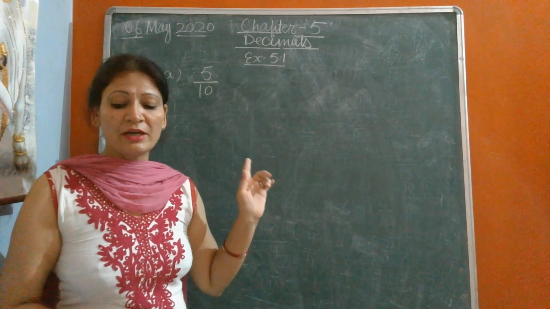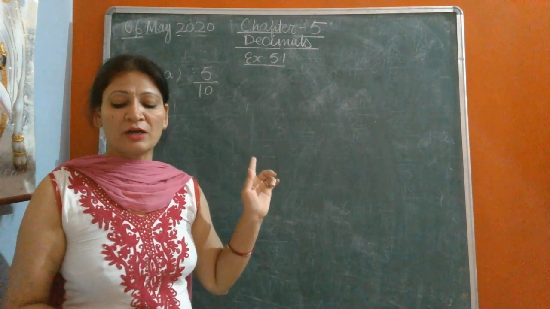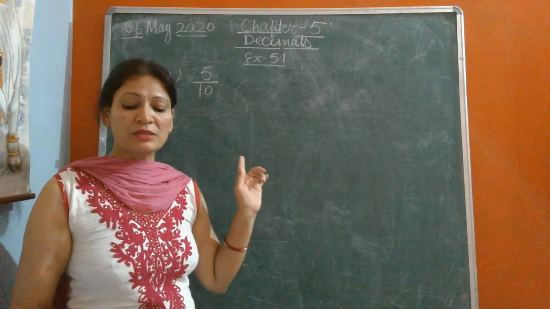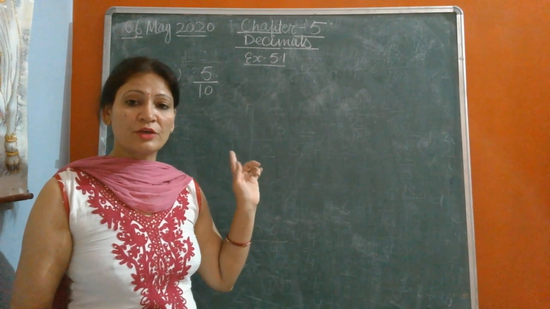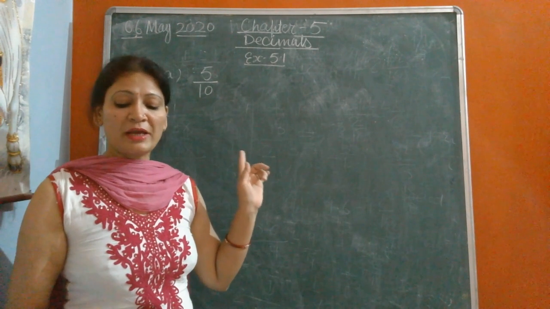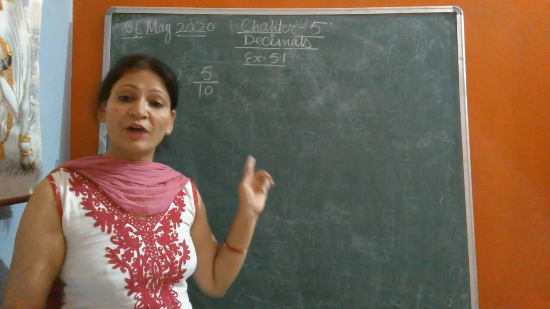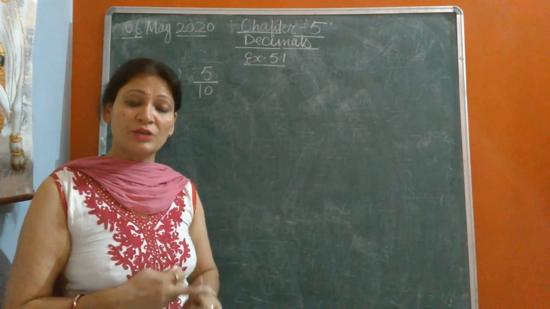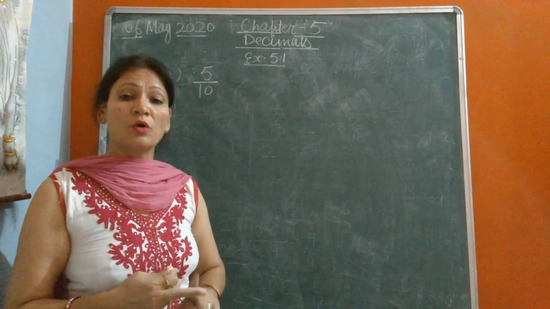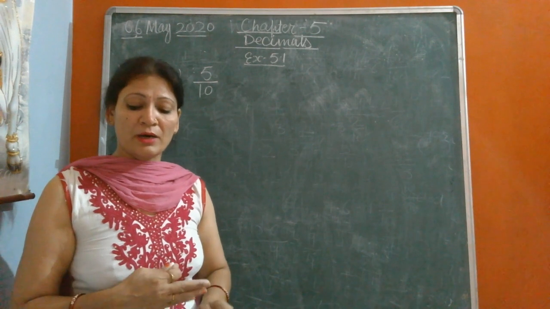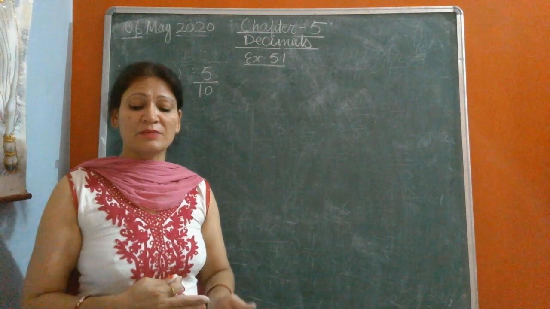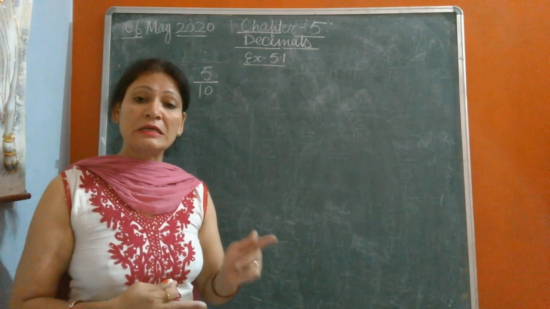Only one zero, so the number of zeros is 1. Place the decimal after one digit. If there is one 0 in the denominator, count that number and put the decimal after one digit.